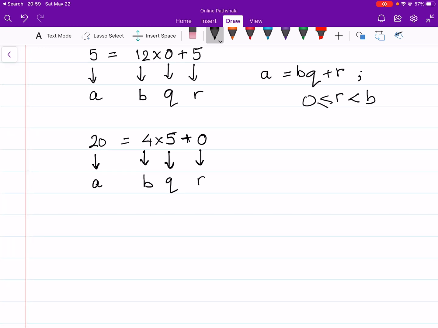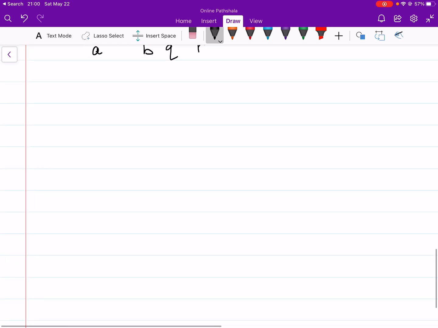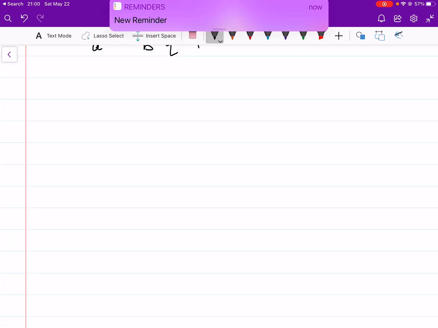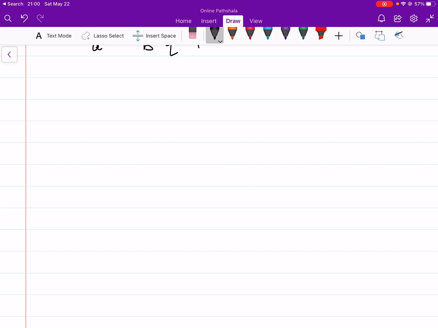Now I think it will be a good idea if you try three examples for yourself. The first example is 10 and 3, the second example is 4 and 19, and the third example is 81 and 3.